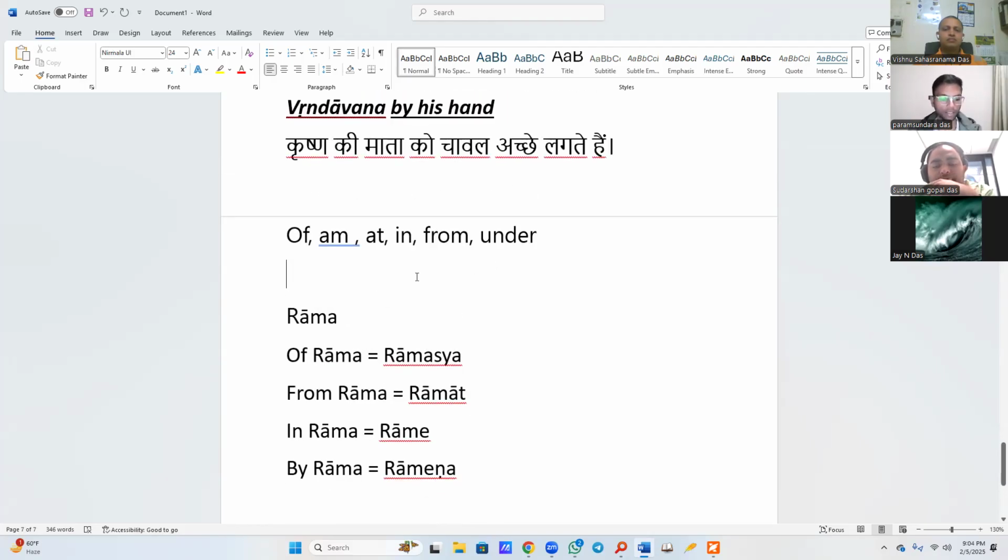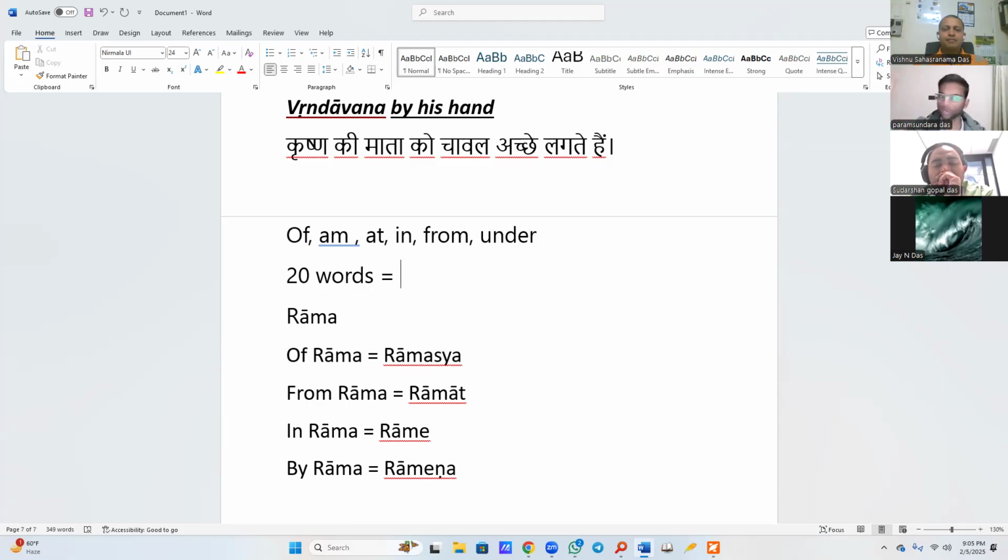Because let's say there is a verse or a sentence in Sanskrit, and let's say it has 20 words on average in that sentence or shloka. Now, out of 20 words, maybe only 1, 2, or 3 will be verbs. All the rest will be nouns.